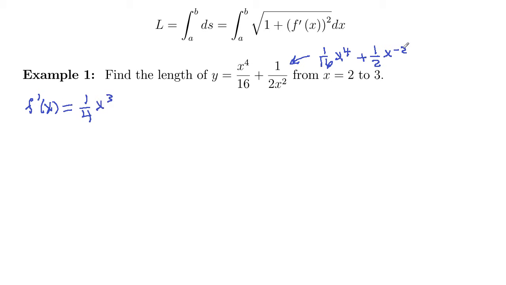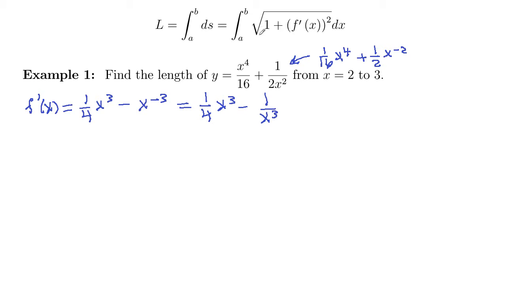And then negative 2 times 1/2 out in front. So minus 1, and we don't have to write the 1. And then x, and then decrease our exponent, so negative 2 minus 1, negative 3, which is 1/4 x cubed minus 1 over x cubed, right? Negative exponent means take a reciprocal and change it to positive.